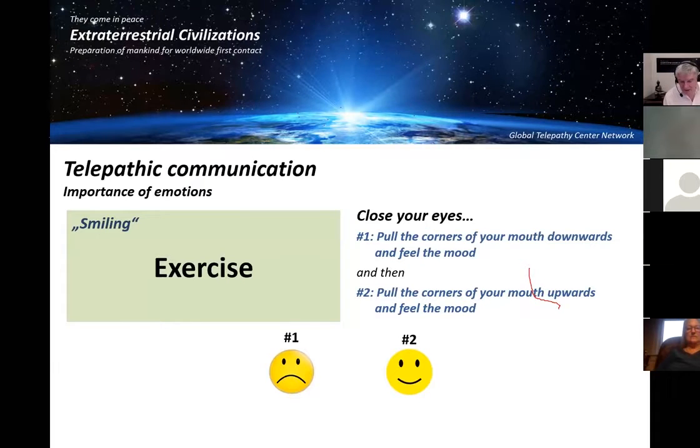As I mentioned, if there is an exception where participants tell you, oh, even though I have pulled my mouth upwards, I can feel fear, that is related to a block. You can then work with that participant on it. But normally it's not possible to sense fear if you smile.